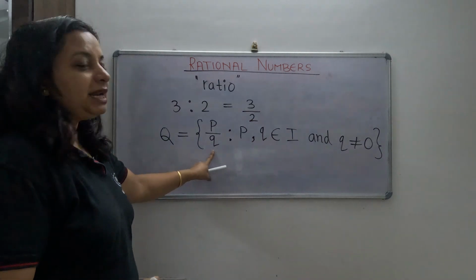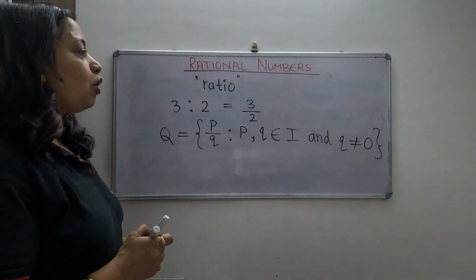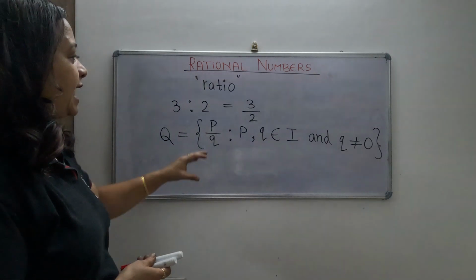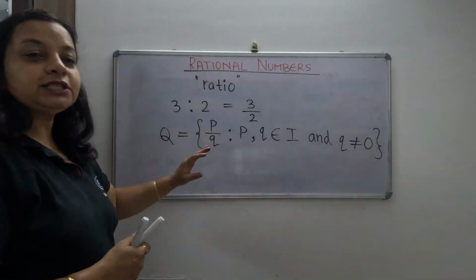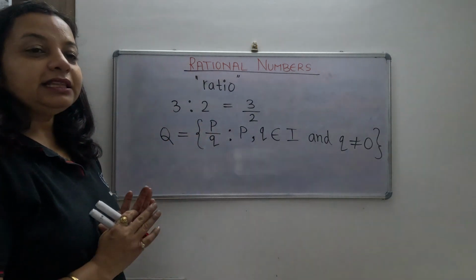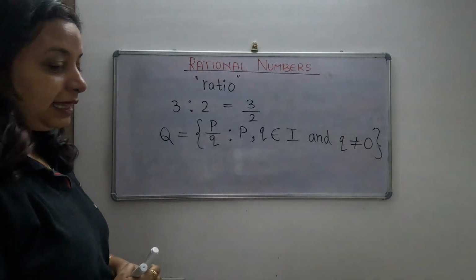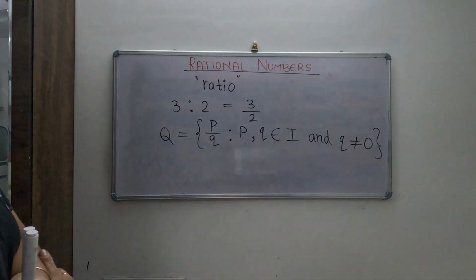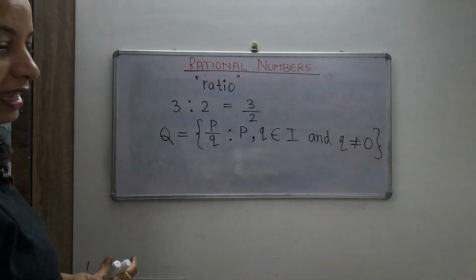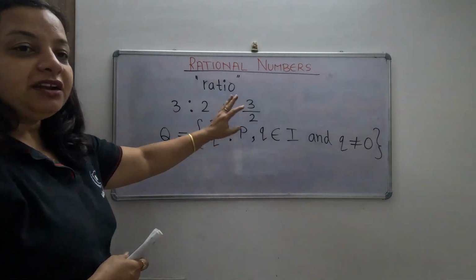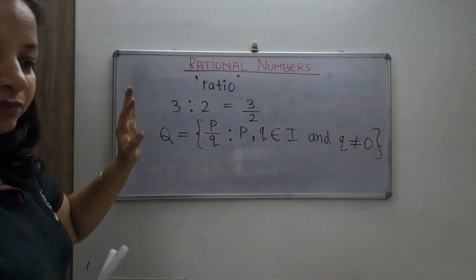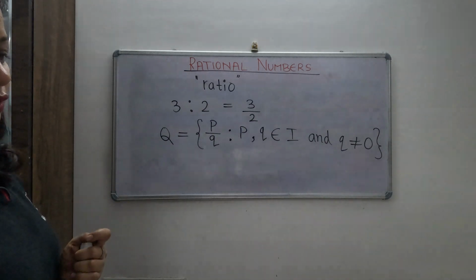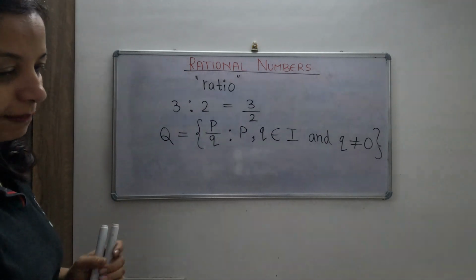Q means denominator. Q will not be 0, because any number divided by 0 is not defined. There is no meaning. That's why we always use this type of definition. So numbers in the form of p over q, where p and q are integers and q is not equal to 0, are called rational numbers.